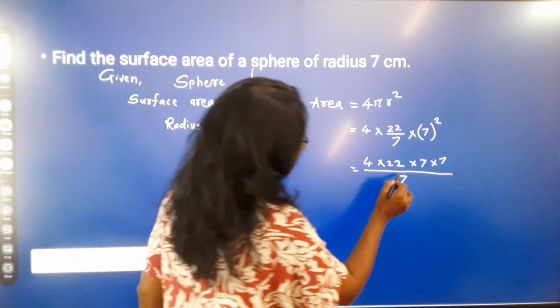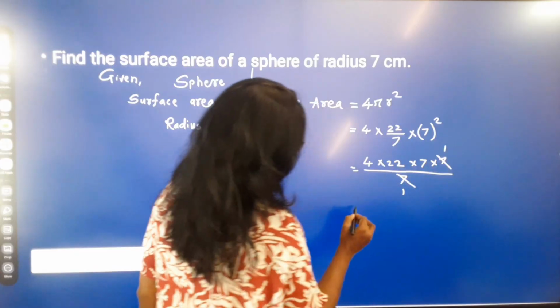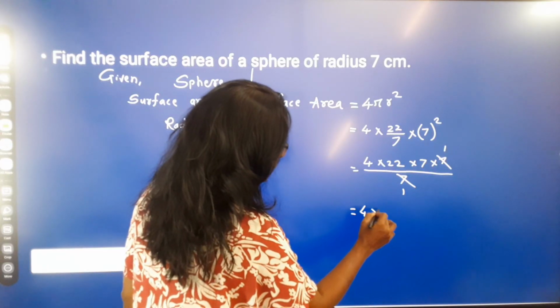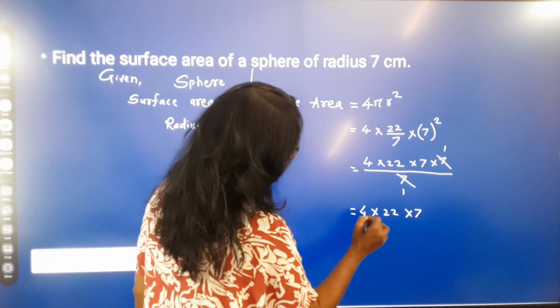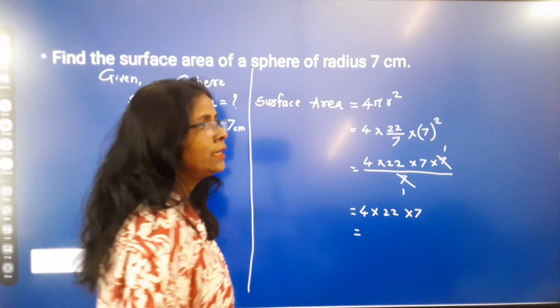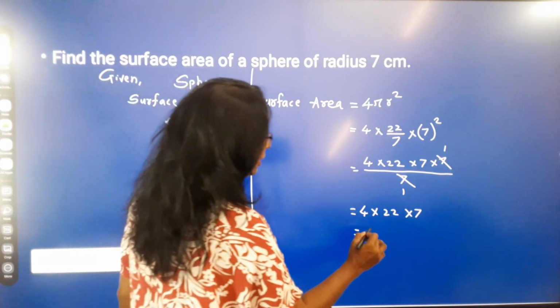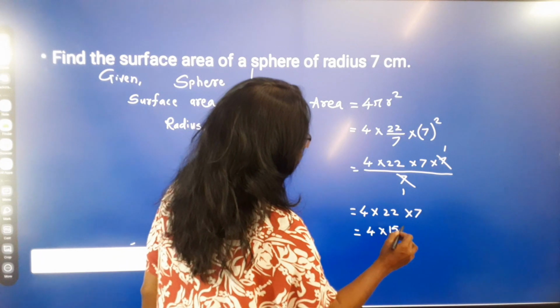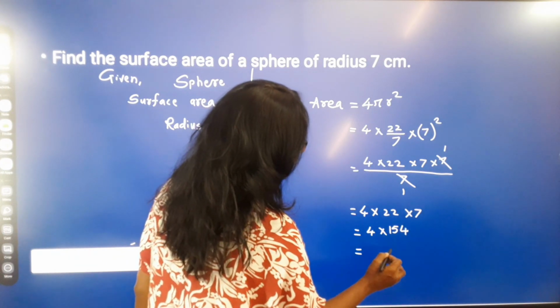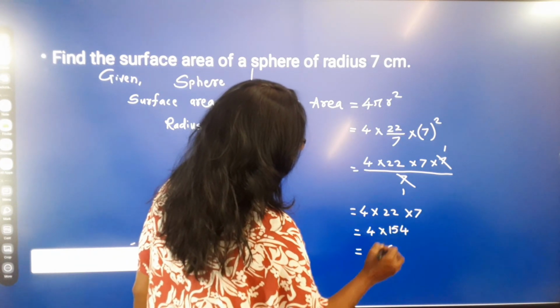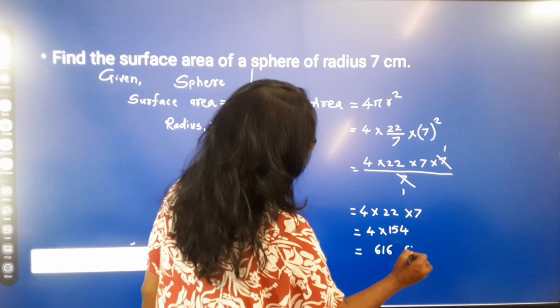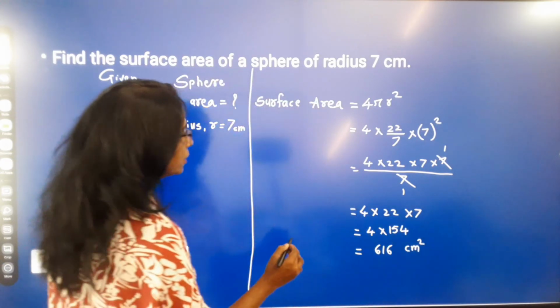So now here the 7s get cancelled. So here 4 multiplied by 22 multiplied by 7, that is 22 sevens are 154. So now here that is 616 square centimeter. Okay.